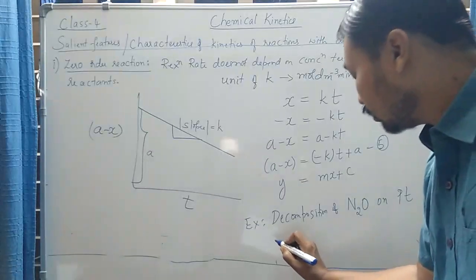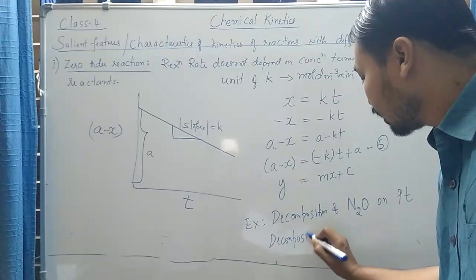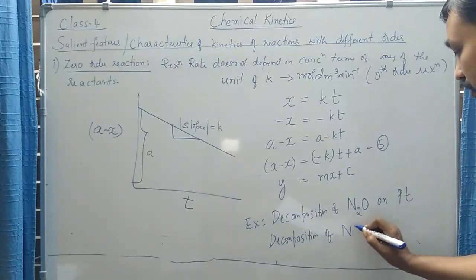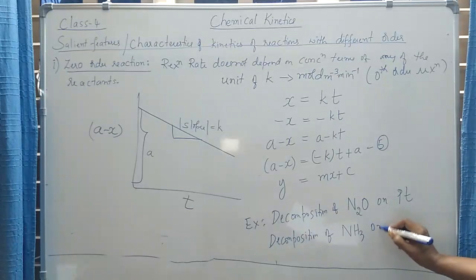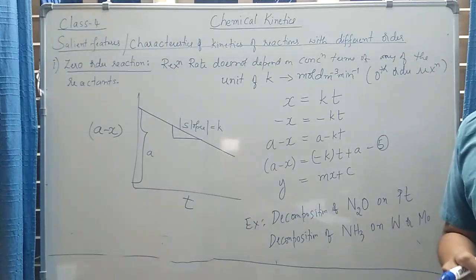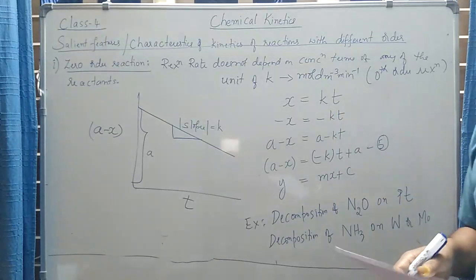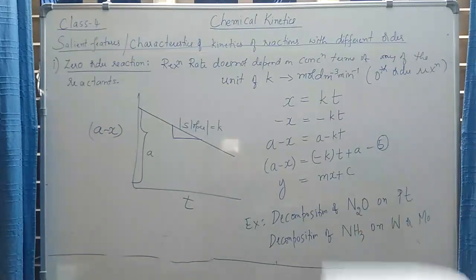Or you can also have decomposition of ammonia on the surface of tungsten or molybdenum. So ammonia on the surface of tungsten or molybdenum undergoes decomposition following zeroth order kinetics that we have discussed here. So this is about a zeroth order reaction.